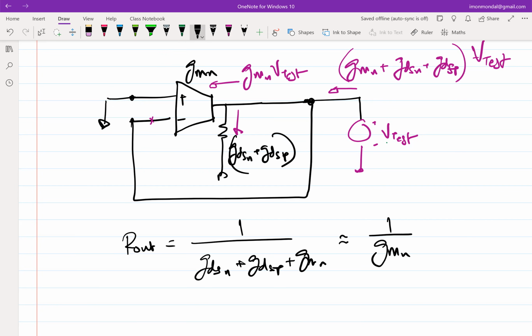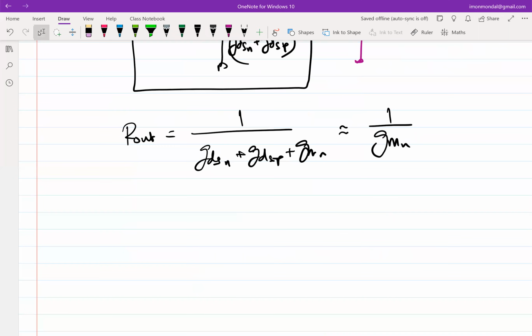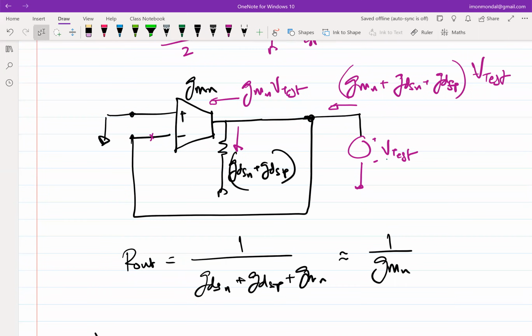So if this is the case, what is V0 over VDD? You know ISC, you know R out. So what is V0 over VDD? So this GDSN plus GDSP conductance was the case when there is no feedback. Right? Yeah, that's the output conductance.